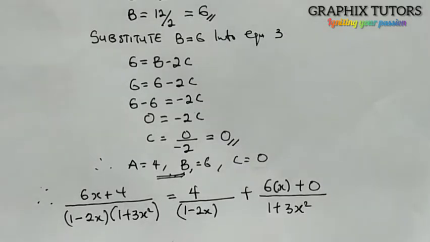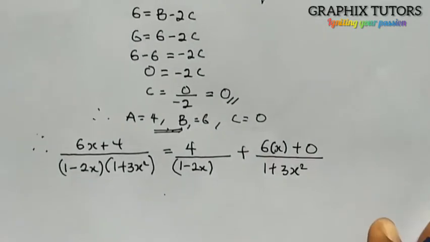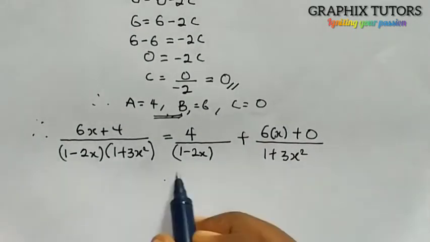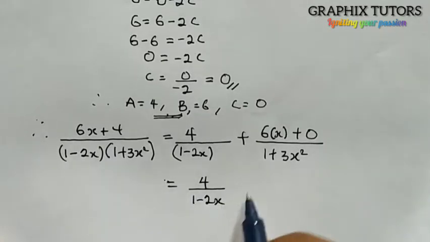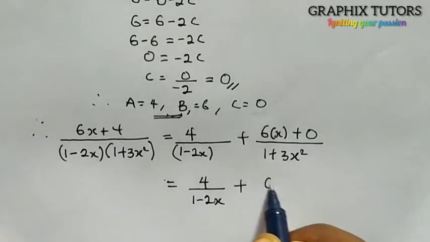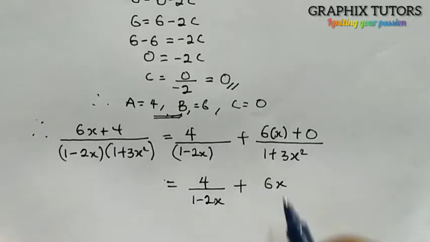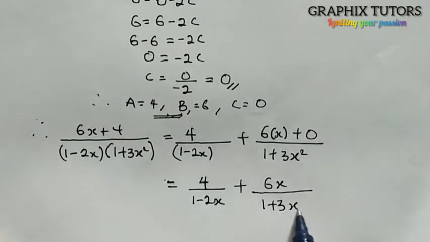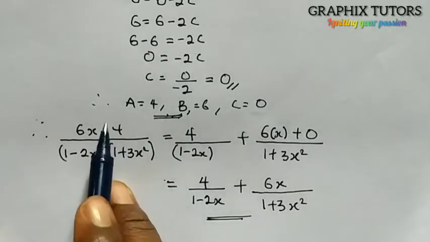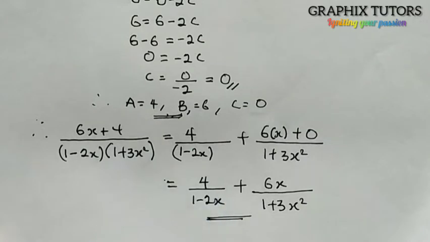So from here, this will now give us 4 all over 1 minus 2x plus 6x all over 1 plus 3x squared. So this is what we're having. Is that okay? So this is equal to this. Now we've done that successfully.